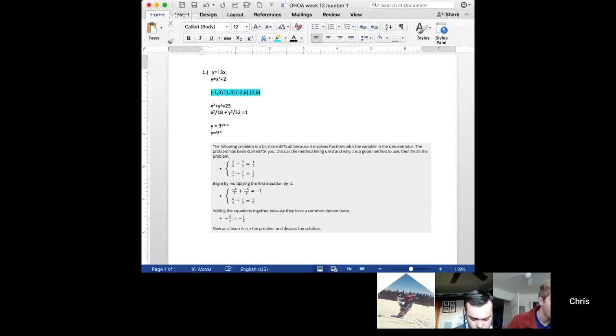And then, yeah, it's the same thing. Then for these, I wonder if we could take the square root of both sides. I wonder if that would make it easier. Probably not.